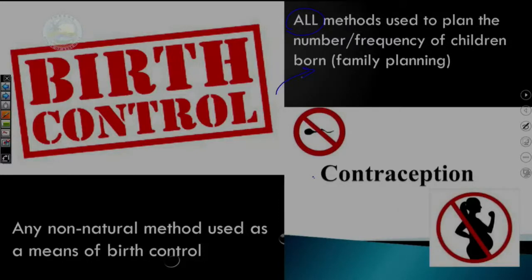So that is about controlling the frequency of children that you have or the number of children that you intend to have. So birth control is all the methods that you would use. Contraception technically is the non-natural methods that you use while you're engaging in family planning. So your non-natural methods are your contraceptive methods, and birth control is all your non-natural and your natural methods of birth control.